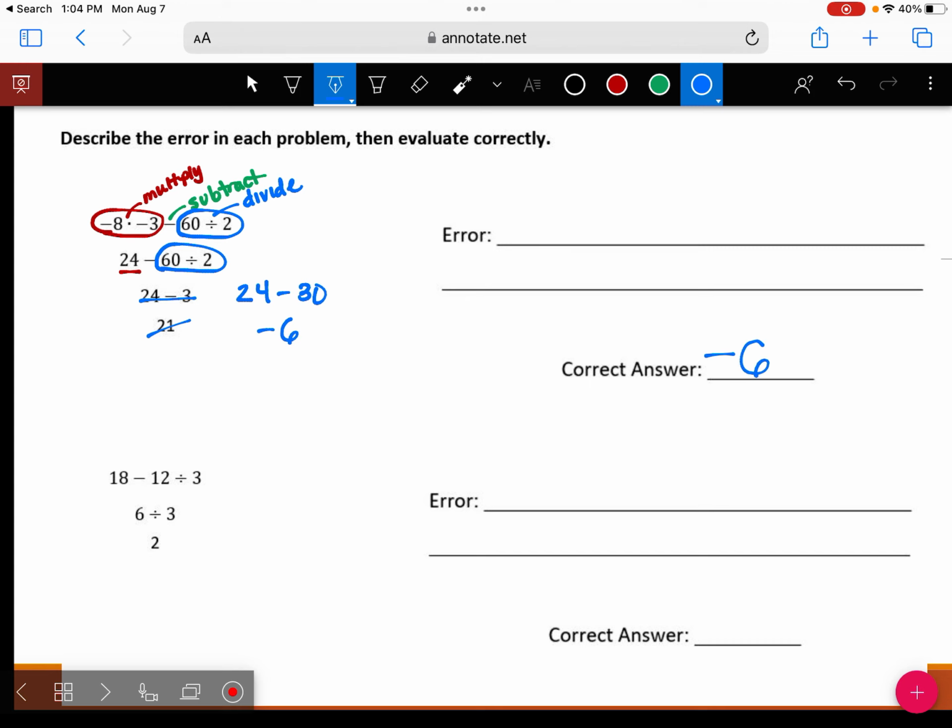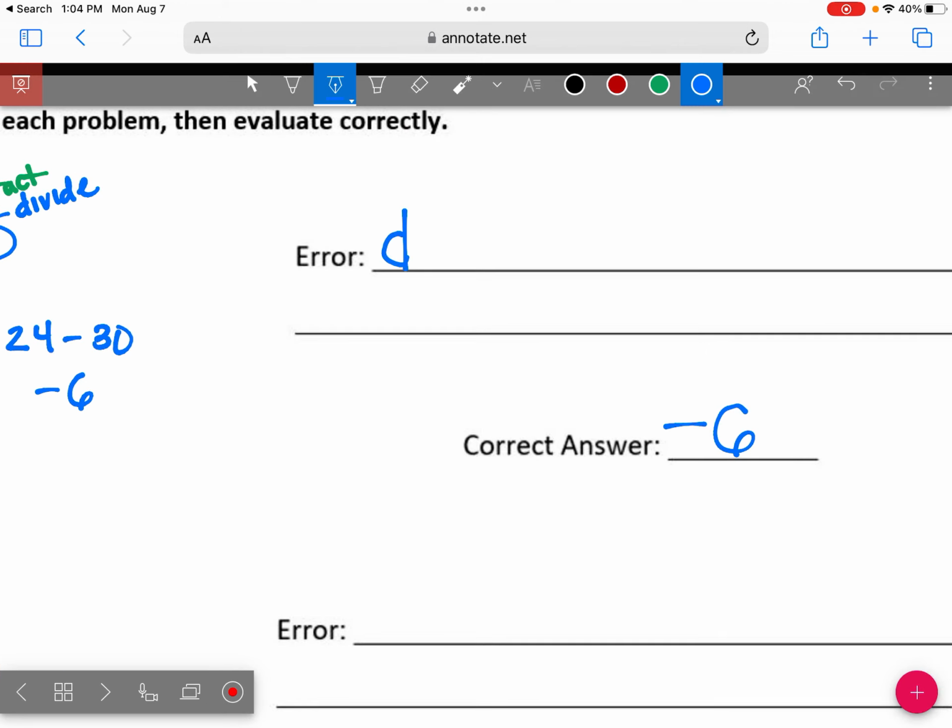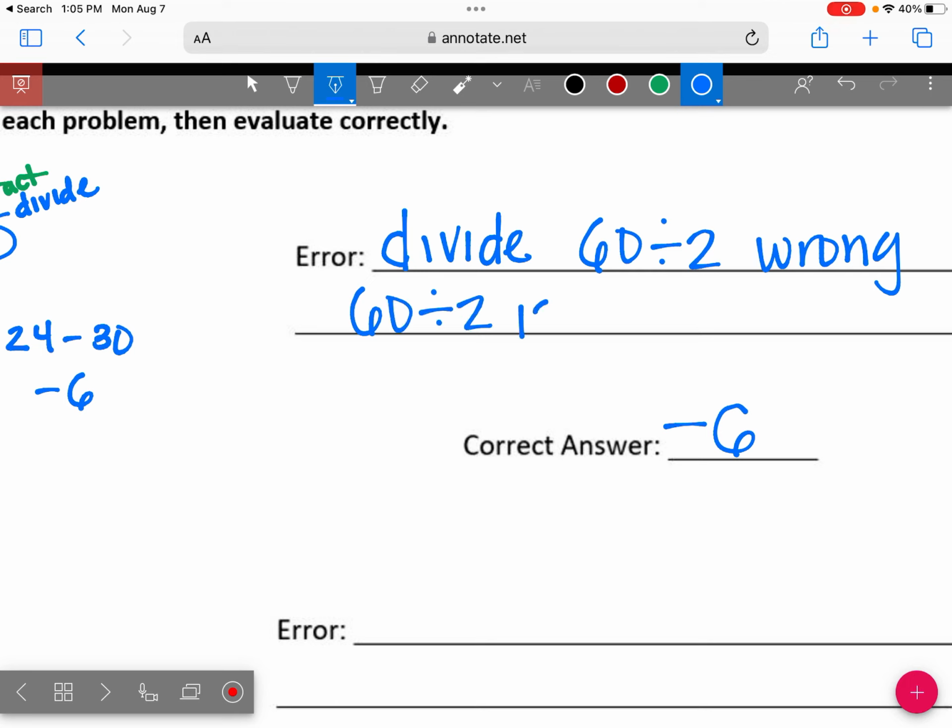So the error is that they divided 60 by 2 wrong, because 60 divided by 2 is 30, not 3. That was their mistake. Go ahead and look at the second one. Go to the next page. Try to find the error and the correct answer.